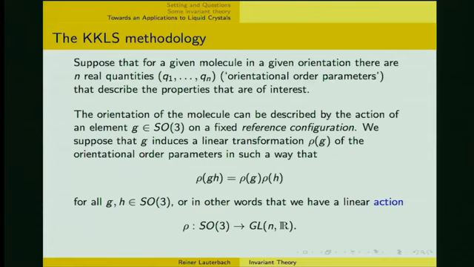We assume that g induces a linear transformation on Q1 to Qn, and so we have a representation which has this property, as we had in the very beginning of my talk, which is now a map from SO(3) to a general linear group over R, and of course, by the same method as I mentioned in the beginning, you can assume that this is in the orthogonal group on the space.